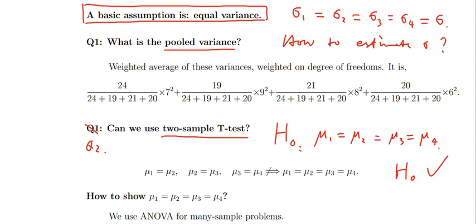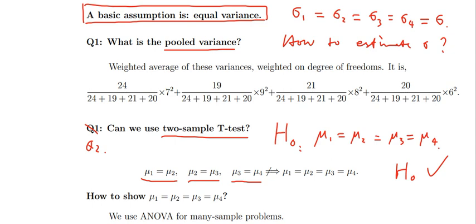So can we compare two by two? Let's check this. Let's compare mu1 and mu2, and then mu2 and mu3, then mu3 and mu4. Is this okay? We say this is not okay. So why?